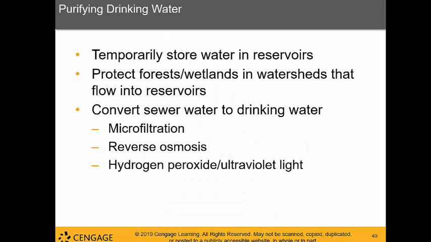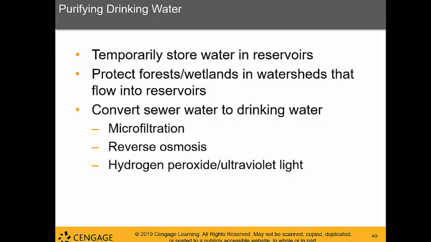If we have water collecting in a reservoir that we're planning to use for drinking, we can protect forests and wetlands elsewhere in that watershed that helps the water get cleaner before it arrives in the reservoir. So in a way, we're protecting terrestrial and aquatic habitats all at once. And that's a really wonderful solution.